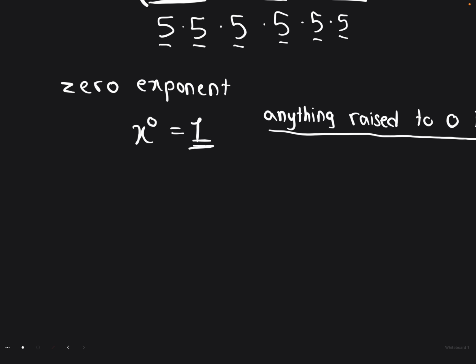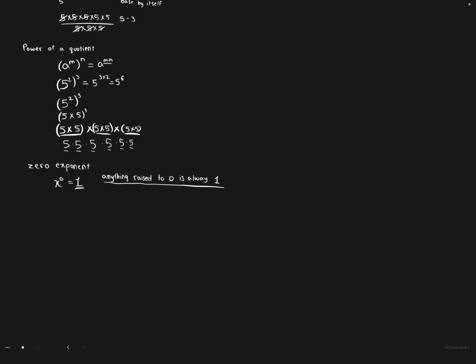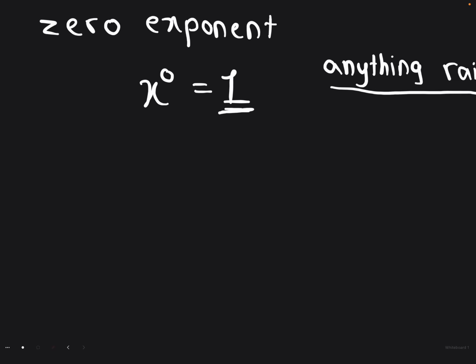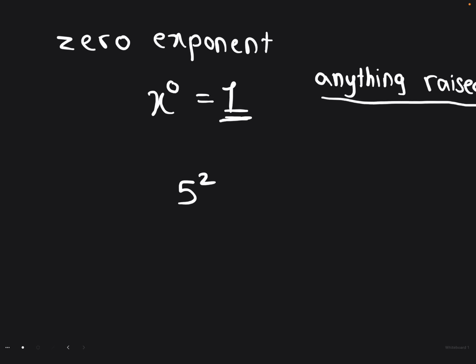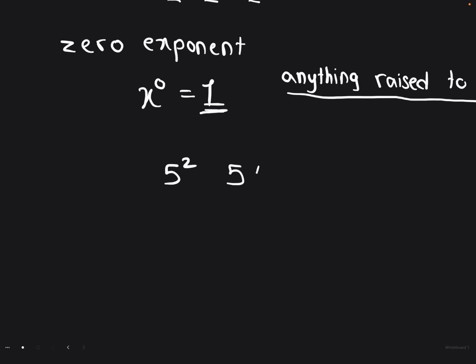Now you might be wondering what's the logic behind this. You guys know how when you multiply 5 squared, what you're basically doing is 5 into 5, right guys?